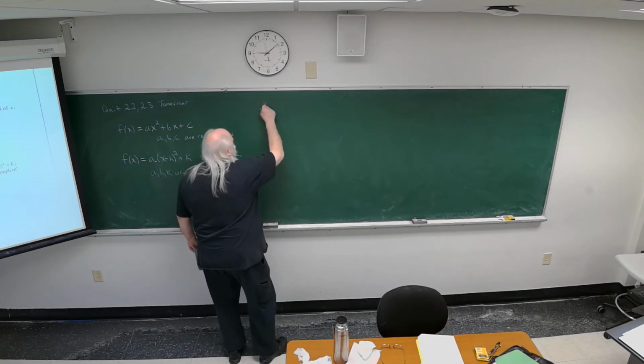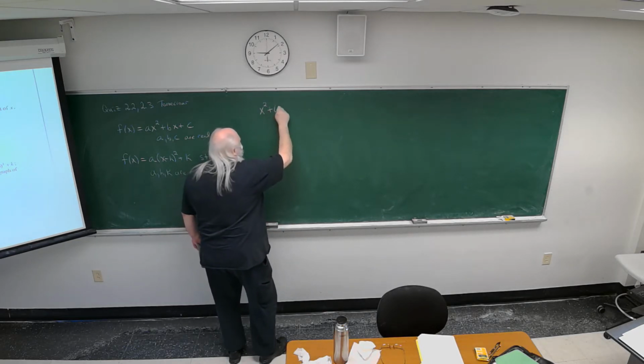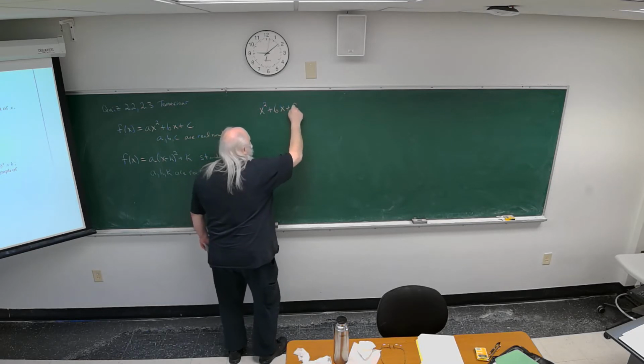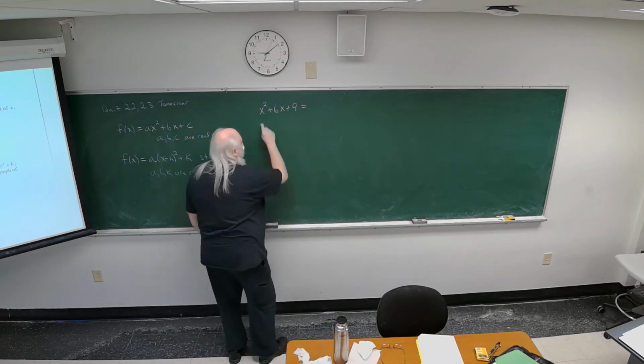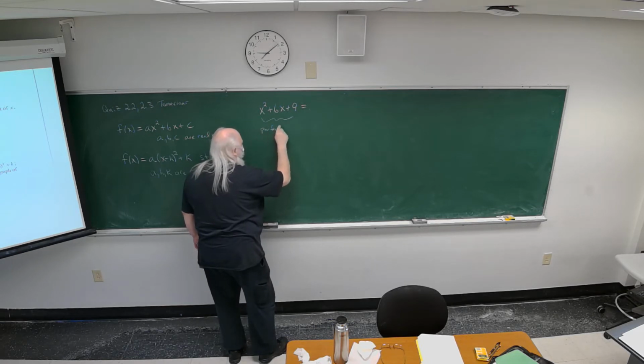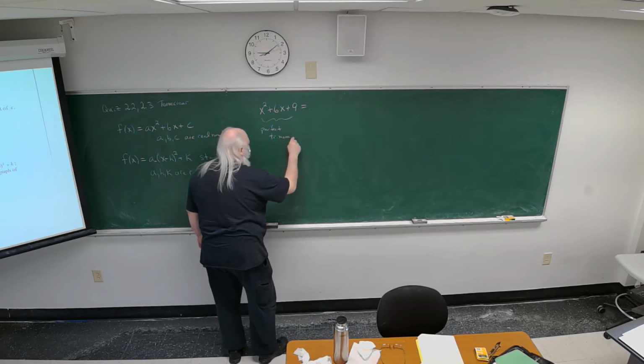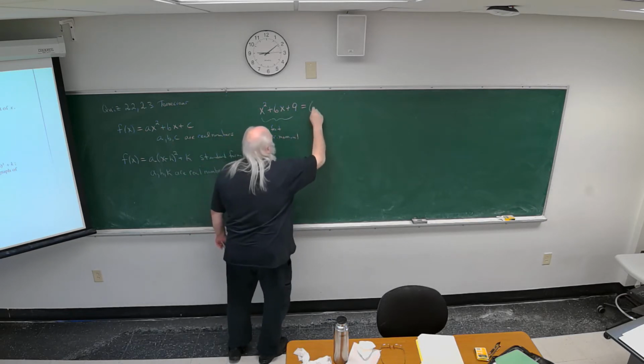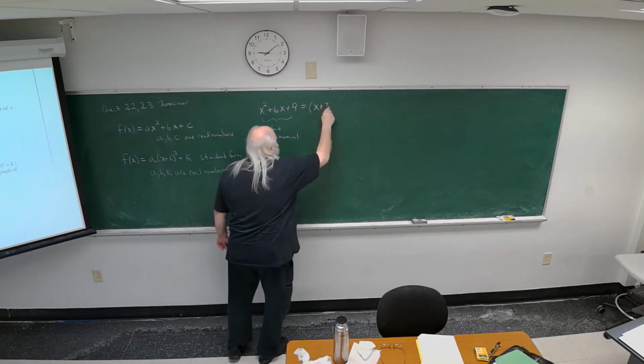All right, so we take a perfect trinomial, this is called a perfect trinomial, and it can be written as a perfect square.